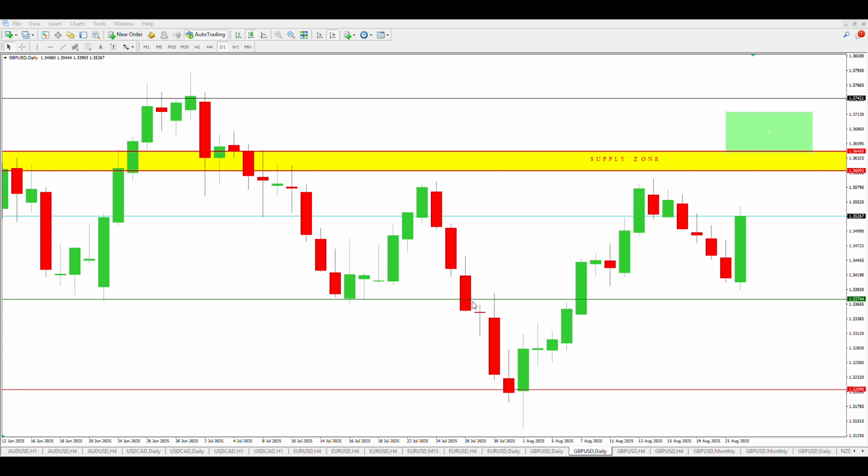Because there are no sellers where you're thinking there are. Sellers are above the supply zone. So any price movement above that supply zone, you should consider as an invalidation of our setup.